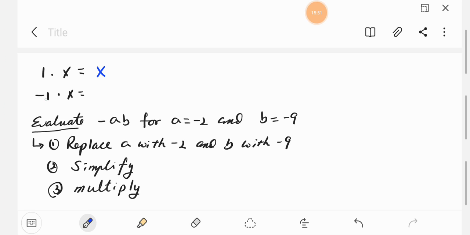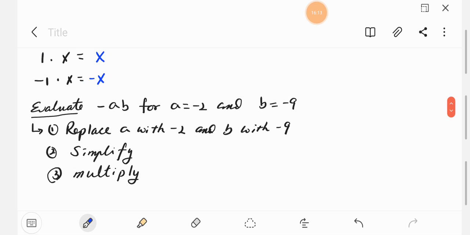How about -1 times x? Still the same thing. We don't know what the x value is, but you can do 1 times x, which is x, and you put a negative because there is one negative number. So -1 times x is negative x.